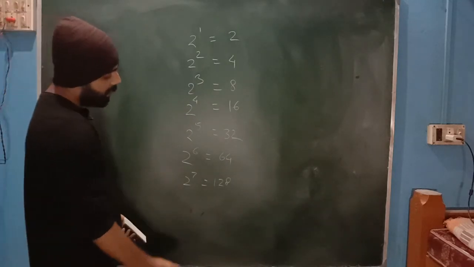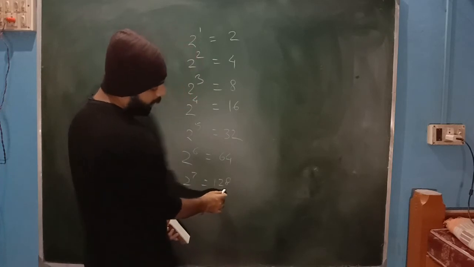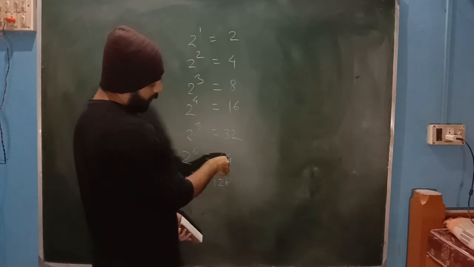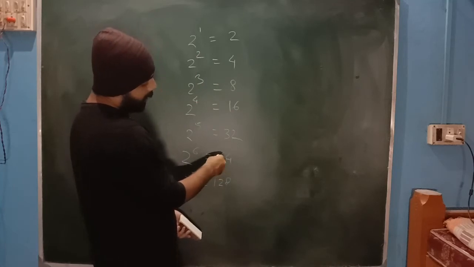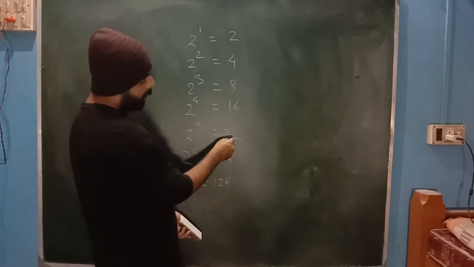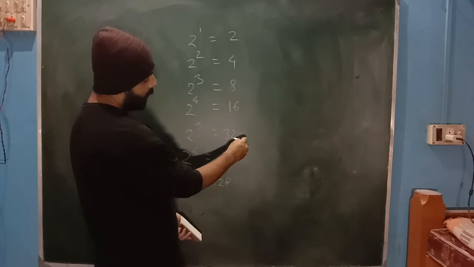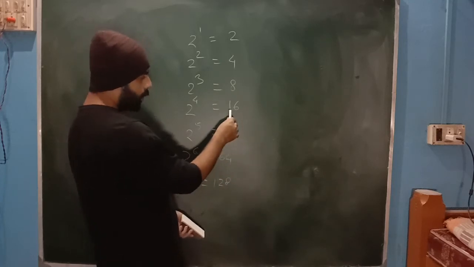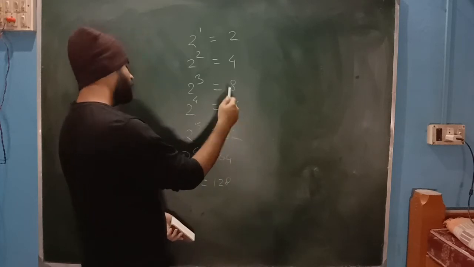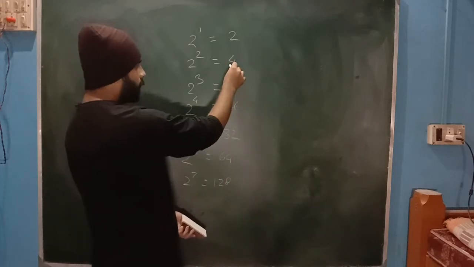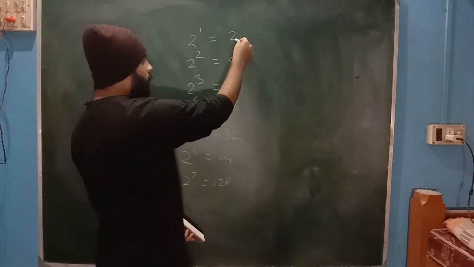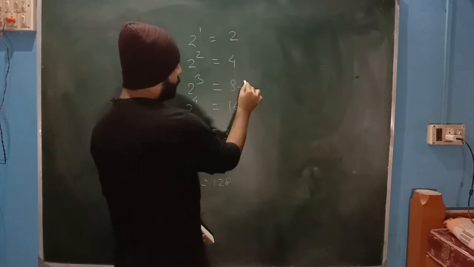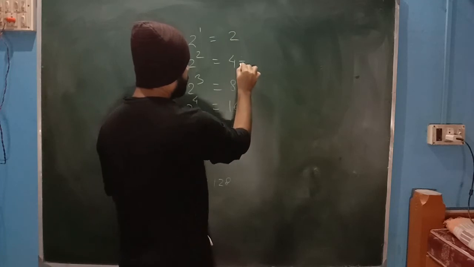So now you can see if we divide 128 by 2, then we will get 64. If we divide 64 by 2, you will get 32. If we divide 32 by 2, then you will get 16. If you divide 4 by 2, it will be like this.